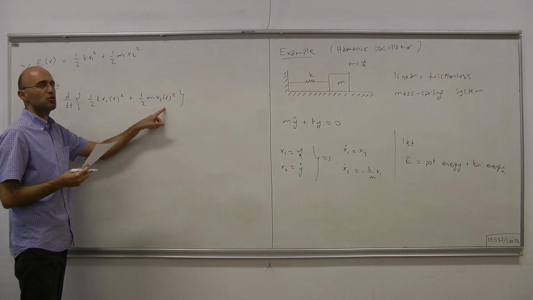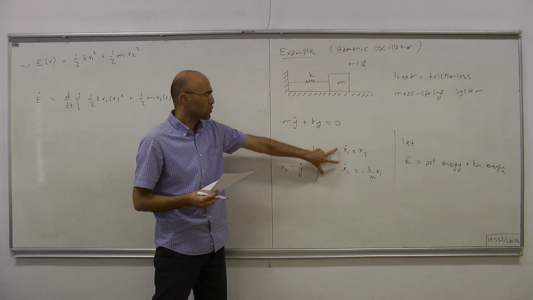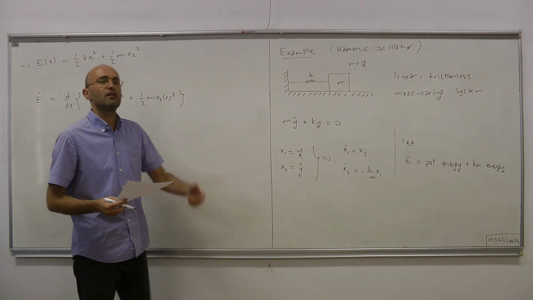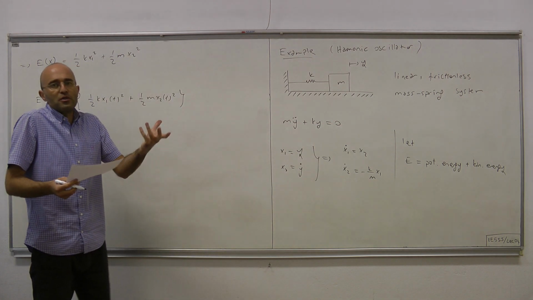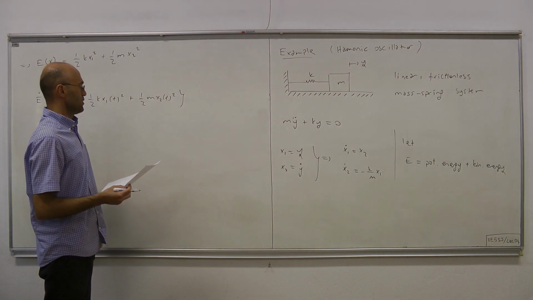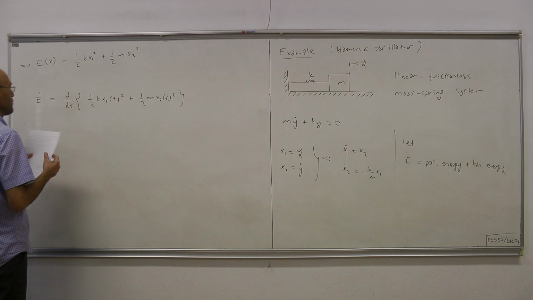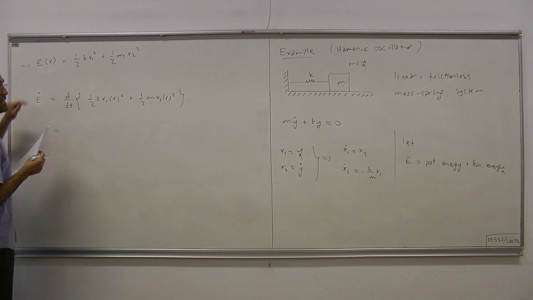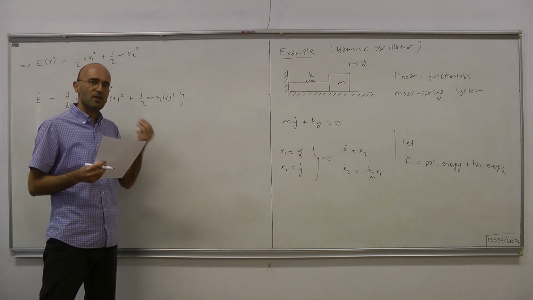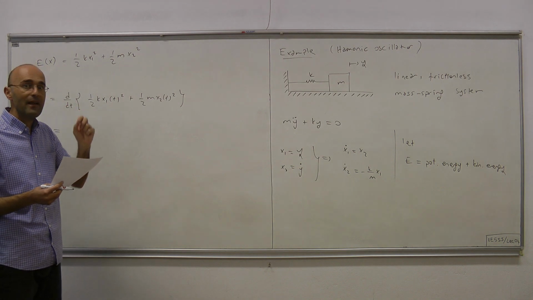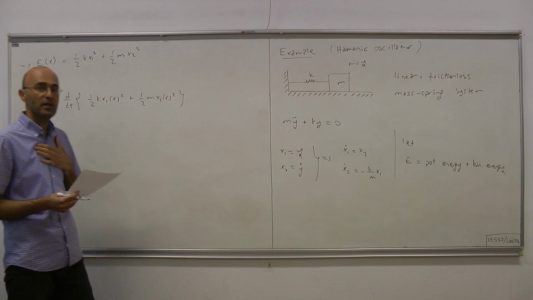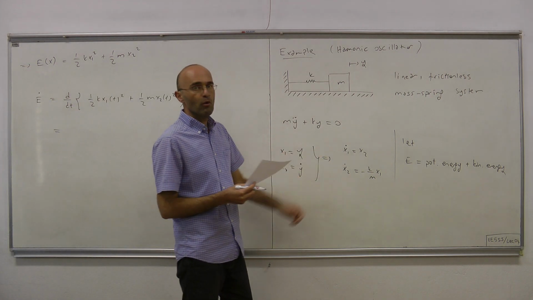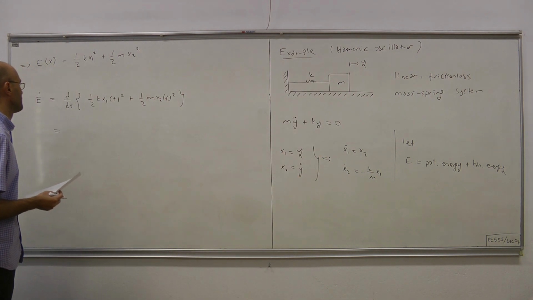And x1 of t and x2 of t are the solutions for the individual states, starting from some given initial condition. Okay. Now, regardless of that initial condition, this E dot equals something, and that something tells us a lot about the behavior of the system. Let's figure out what that something is, and everything we need is on the board already. It comes from the model.